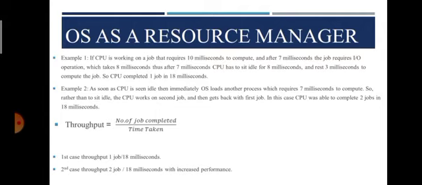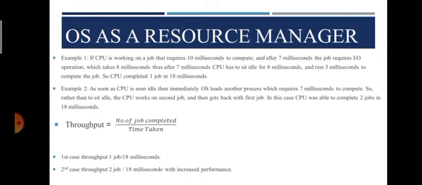After this input and output operation is completed, we are left with 3 milliseconds. The first 7 milliseconds have been done, and the remaining 3 milliseconds will be taken to complete the job. So in total it takes 18 milliseconds to complete one job.